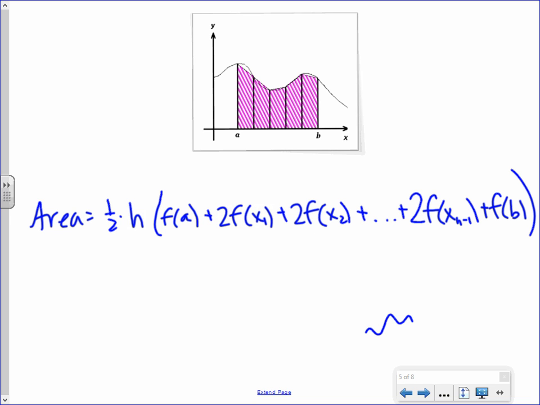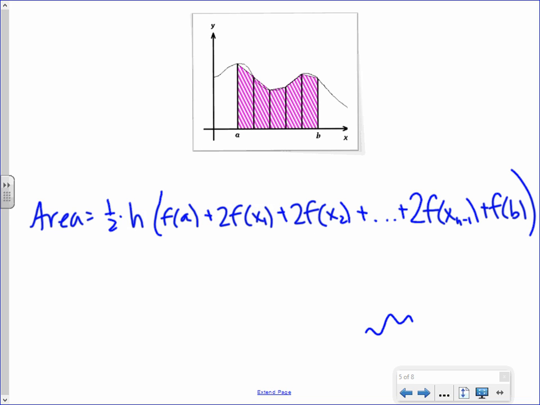All right. So for our area, for a trapezoid, we take 1/2 times the height. What is our height? 1/6. Times. We're going to sum up our bases. So our first base occurs at 1. So the function value at 1. And I'm going to write them like this, and then we'll figure out what all those values are. Where is our next base at?